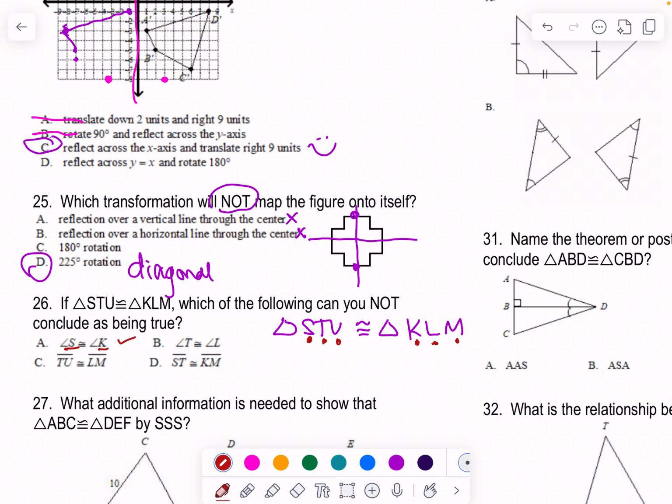T goes with L, that's good because that was the middle. And then the order with the lengths also. So TU, those are the last two, go with LM, those are the last two, that would work.